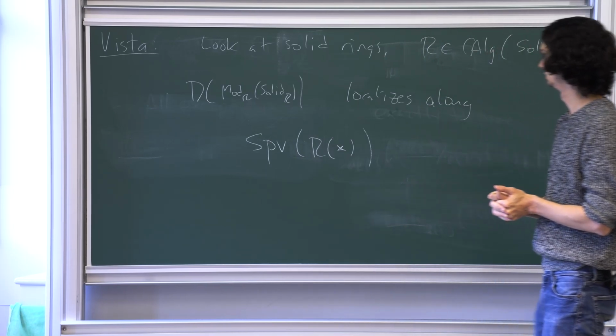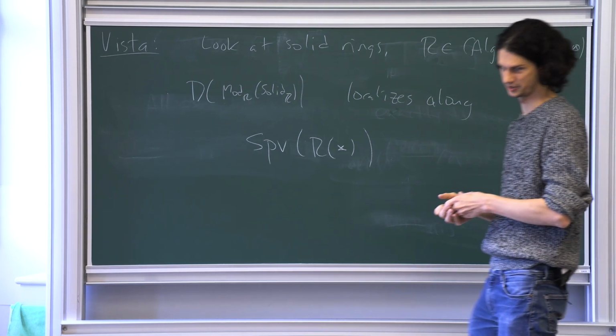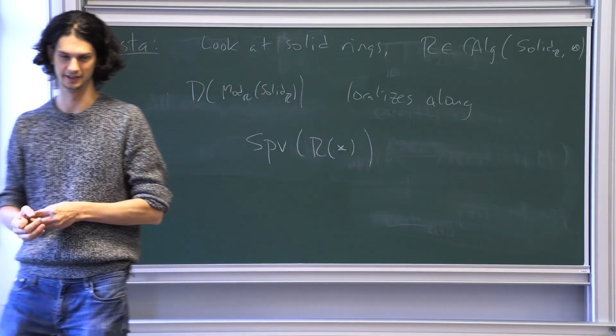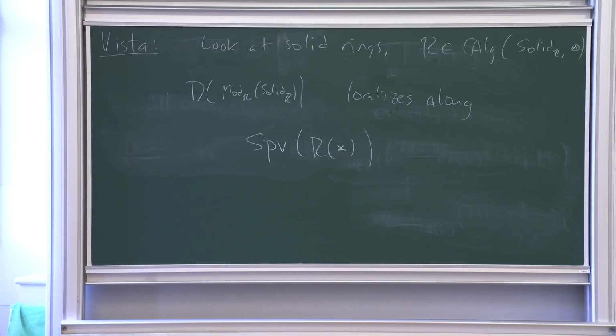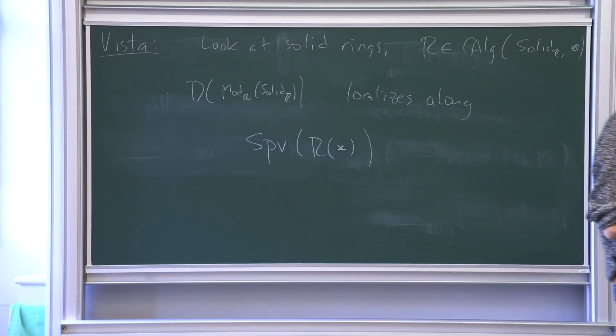So you take the valuative spectrum of R, just of R viewed as a discrete ring. And the valuative spectrum is like a residue field and a valuation, where the valuation doesn't have to be integral on R, it's just any valuation. Yes, that's right.